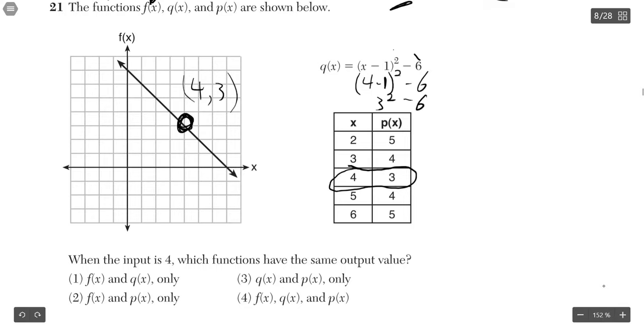Just like we did in, I forgot which one it was, I think question 2 or 3. Just plug in the value of 4 for x and see what you get out. So you'll get out 3. So all of them, when you put in 4, you get out a 3. So that's choice 4.